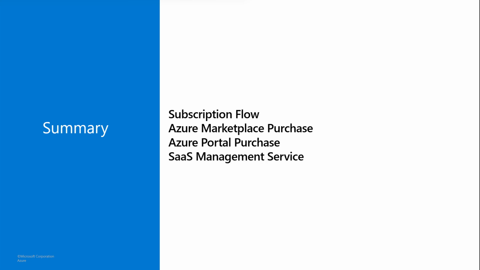And finally, we took a look at a management tool for SaaS subscriptions that you can access in the Azure portal at any time to manage your SaaS subscriptions. And you can even use it to change aspects of your SaaS subscriptions should you choose to do so.